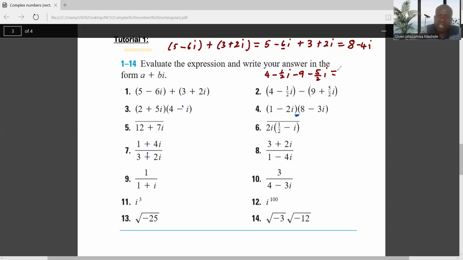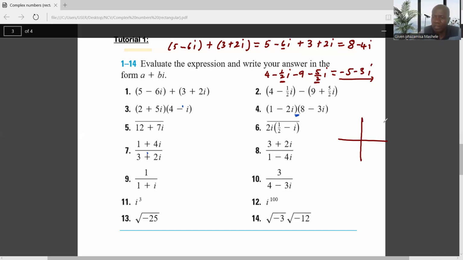So the real numbers are 4 and negative 9. 4 minus 9 will be minus 5. Then minus half and minus 5 over 2 will give us minus 3i.